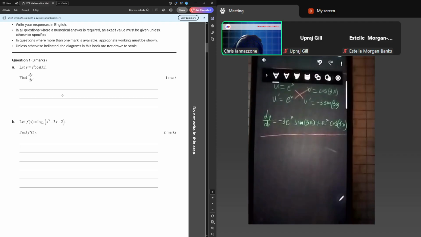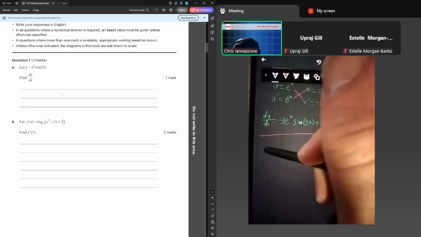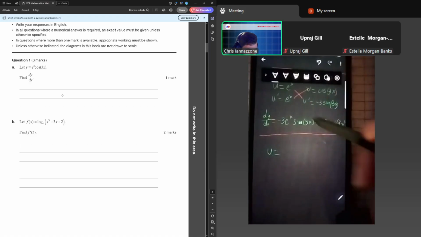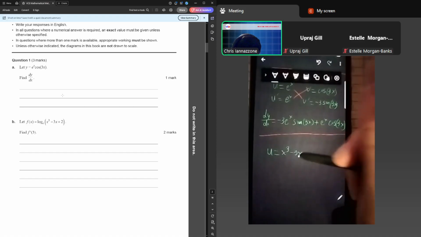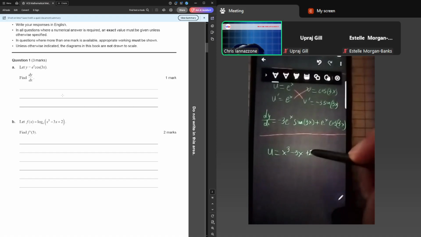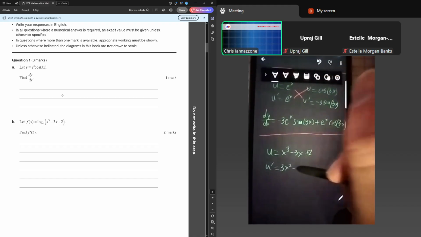The way I typically like to write this out is completely generically for any chain rule, which is you start by defining your u, which is the inside of the log in this case, x cubed minus 3x plus 2, and then you can get your derivative of that. So looking at 3x squared minus 3.